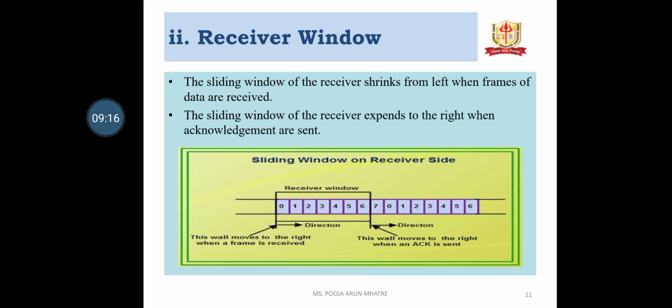That means when the acknowledgement is sent, the receiver window also changes the frame when it receives a first frame and is waiting for the next frame. Then this wall is moved to the right when the frame is received, and this wall also moves right when the acknowledgement message is sent to the sender.